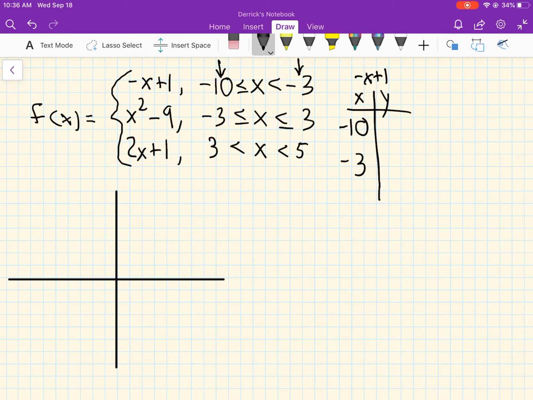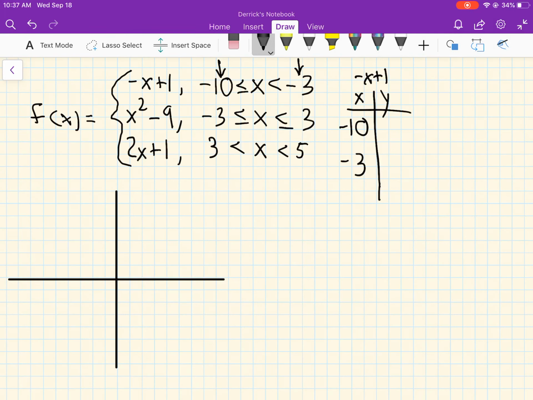That's the whole point of piecewise functions: you take graphs that you've already learned how to graph in the past, and the function makes you constrict those graphs down to where it's only a portion of what you would usually show. So I'm going to use -10, -3 because those are the x values that it gave me. You don't have to use those, but that's where you're going to start and stop your graph.